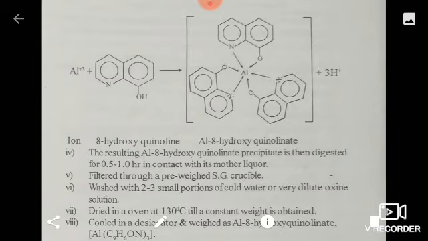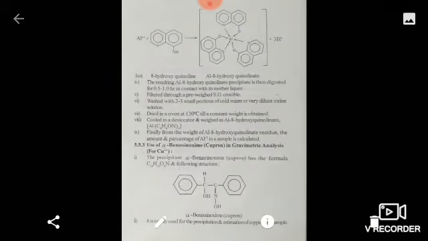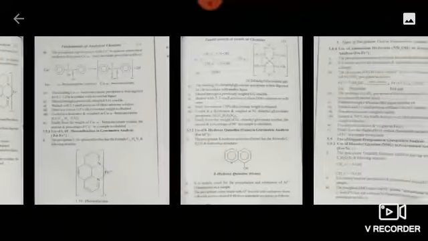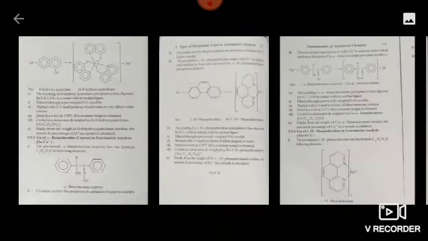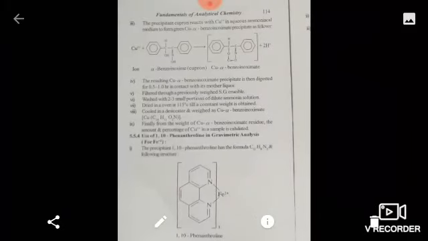8-hydroxyquinoline. So once again I am repeating the procedure. What is the procedure for the determination using 8-hydroxyquinoline for the estimation of aluminum?